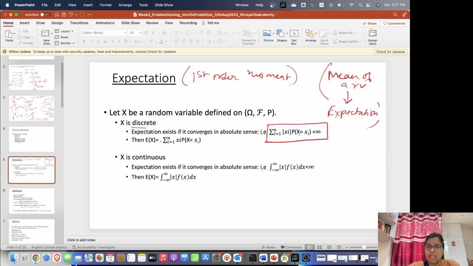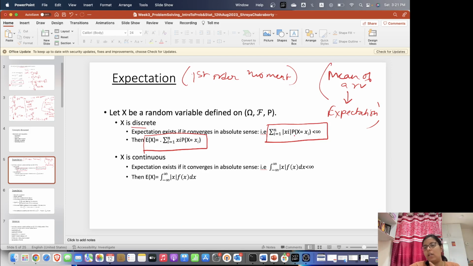If it exists, then only we can write the expectation value as summation of xi, probability of x equal to xi. So expectation will exist only if this series converges in absolute sense.